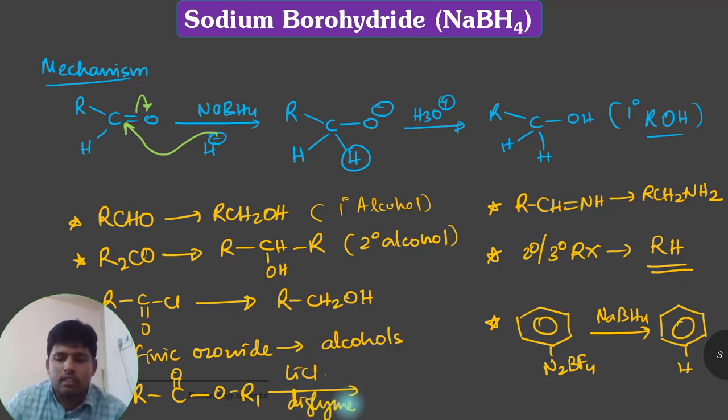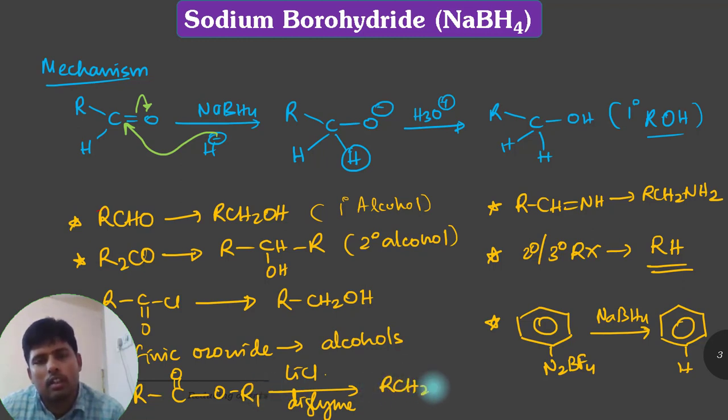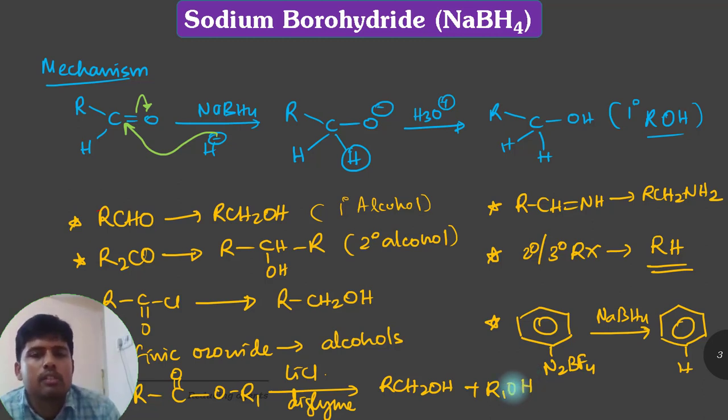Diglime is a type of ether, and in this particular condition NaBH4 can convert ester to RCH2OH and R1OH. So in presence of lithium chloride, NaBH4 is reducing ester to alcohol also, but this is not possible otherwise.